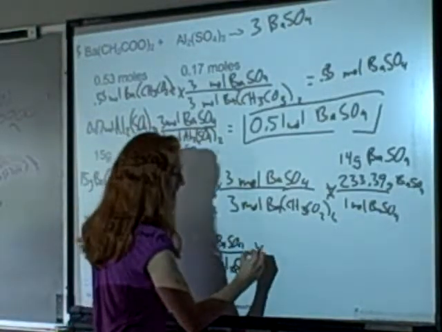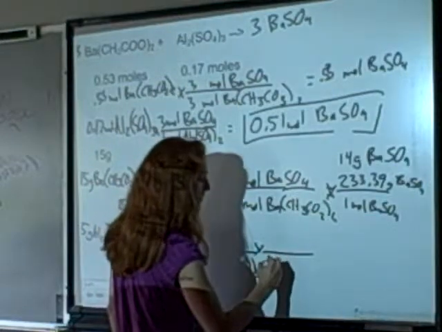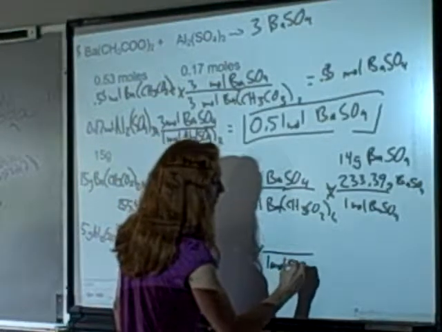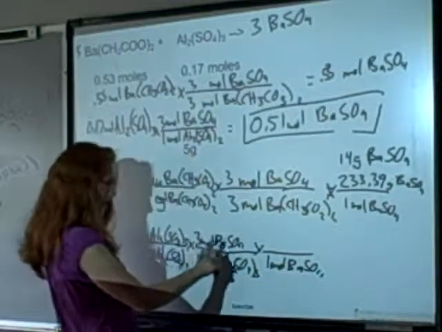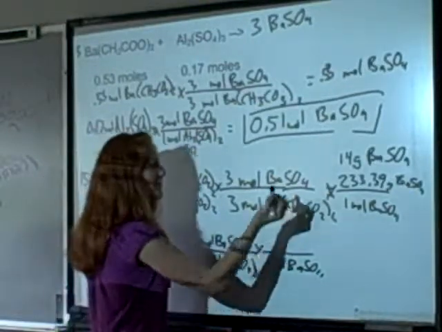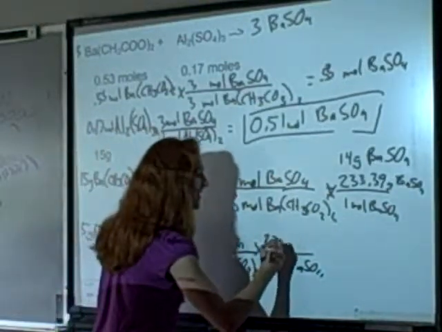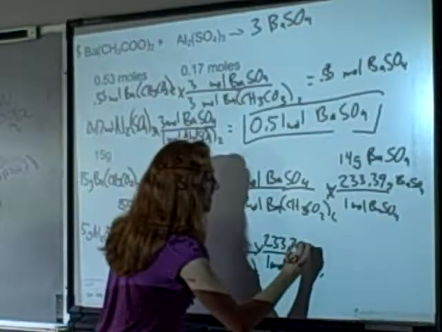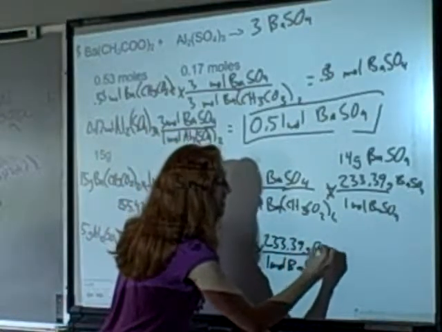And then let's just compare how many grams of each I can make. So for every 1 mole of BaSO4, because that was the unit I had in the step before, I have 233.39 grams of BaSO4.